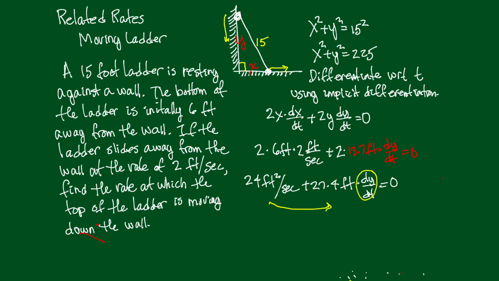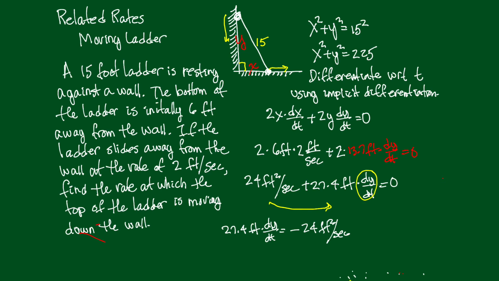We get 27.4 feet times dy/dt is equal to negative 24 square feet per second. Now the negative's good, because we want y to be decreasing. The negative is going to give us that decrease.